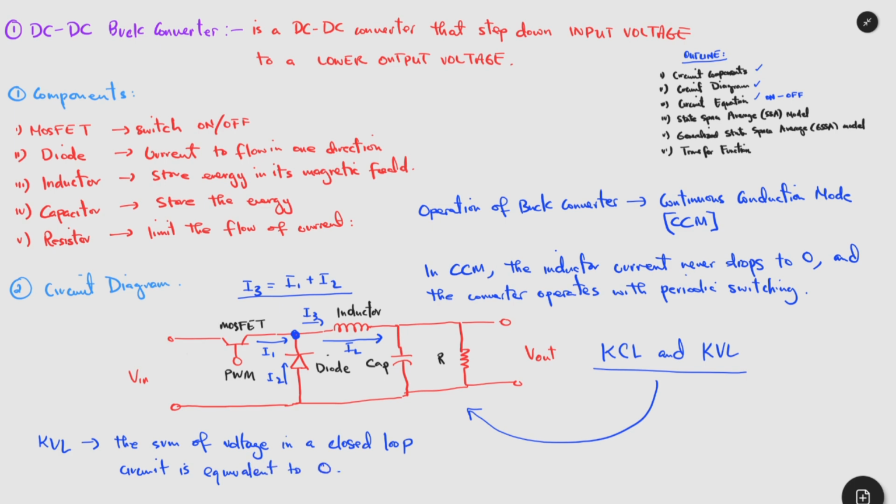So in the KVL, we can say that if we have a circuit like this, and if this circuit is a closed loop, that means the voltage in this closed loop circuit will be equivalent to 0. And now we are going to derive the second equation using the KVL and the KCL.